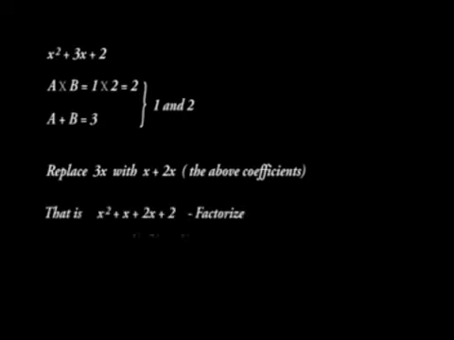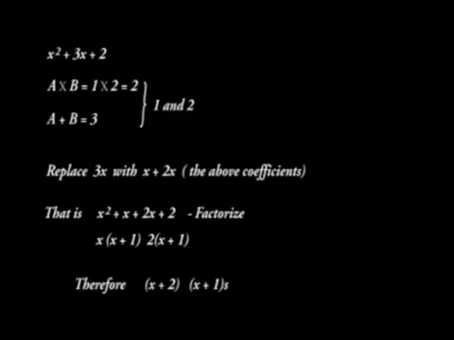Then factorize. We get x(x + 1) + 2(x + 1). The terms in the brackets are the same and hence we take only one. Therefore we shall have (x + 2)(x + 1).